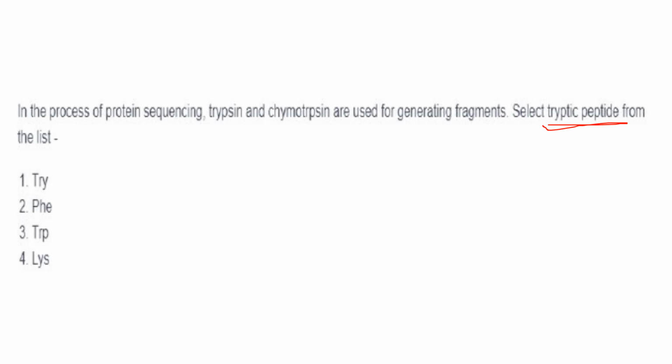Chymotrypsin cleaves the peptide bond on the carboxyl side of aromatic amino acids such as phenylalanine, tyrosine and tryptophan. So here they have asked only for tryptic peptide. Out of these options, lysine is there in option 4 only. The others are cleaved by chymotrypsin. So answer is option 4.